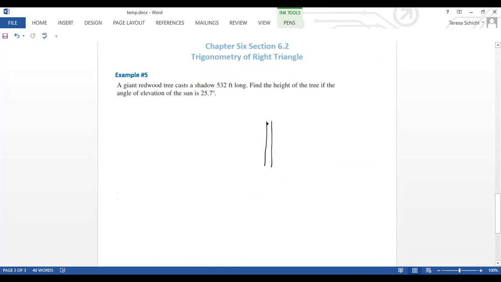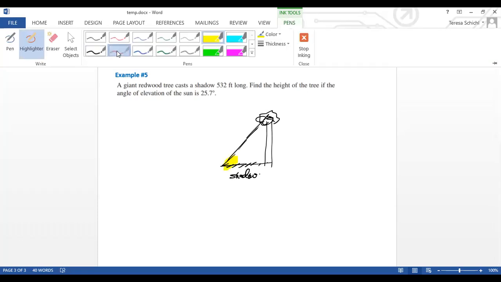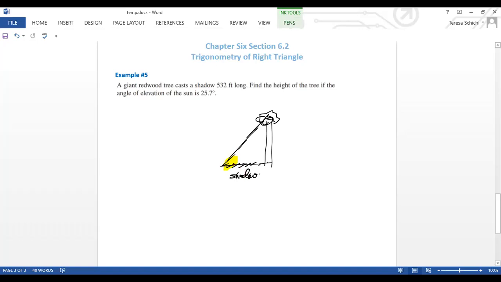If this is the tree and the sun is here, the tree casts a shadow here. The angle of elevation, looking at the treetop, is 25.7 degrees.